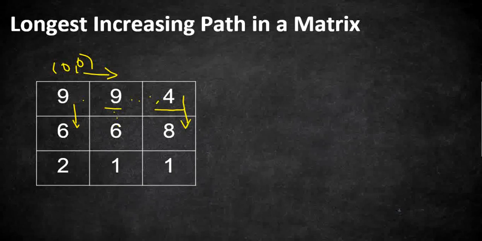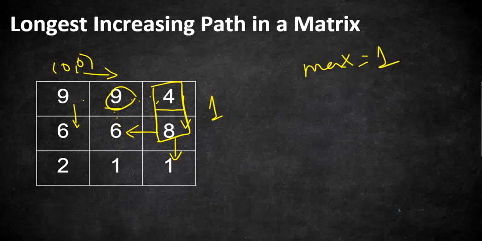As we have visited the previous cell already, we cannot check that further. So 4 to 8, it is increasing, so the length is 1. From 8, if you check this direction or the down direction, both of them are decreasing. So far, the single increasing path we have found is 4, 8 and the length is 1. So our max length is so far 1.